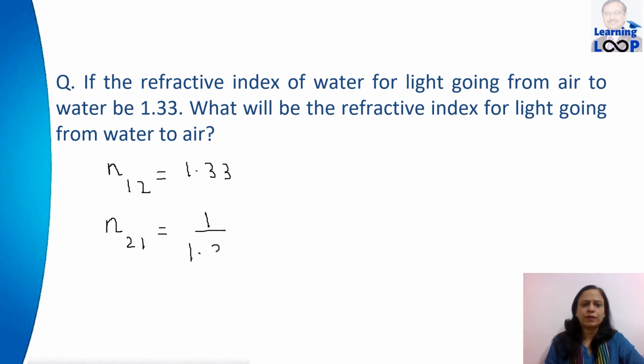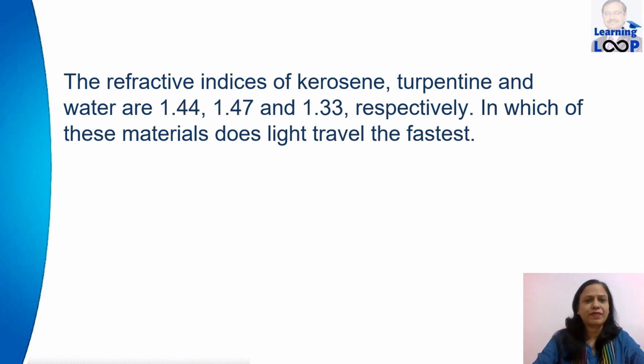So the answer here would be 1 divided by 1.33, and that gives your answer as 0.75. Remember, refractive index does not have any units, so no units are to be used here.